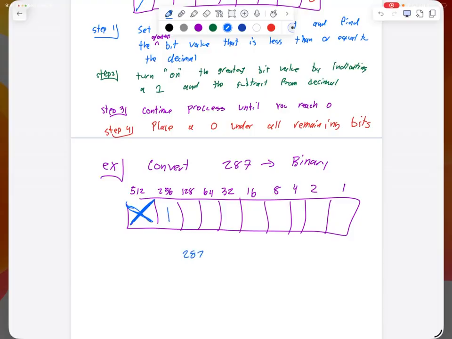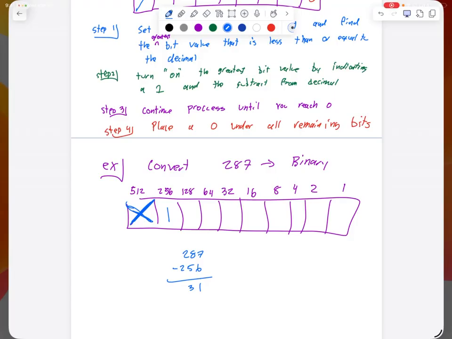So 287 minus 256 is 31. Now, when you get better, you can use some math knowledge, some numeracy skills or number sense. 31 is 1 less than 32. So I should know what 31 is going to be: 1, 1, 1, 1, 1.